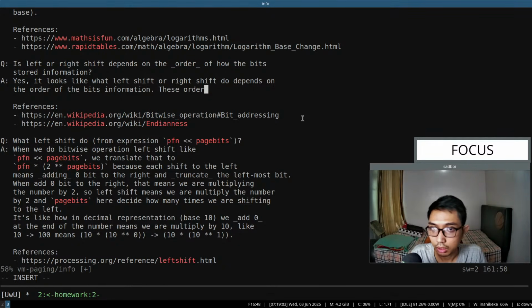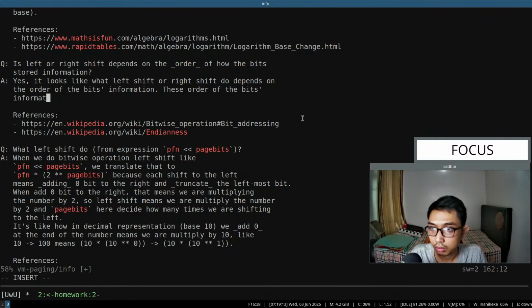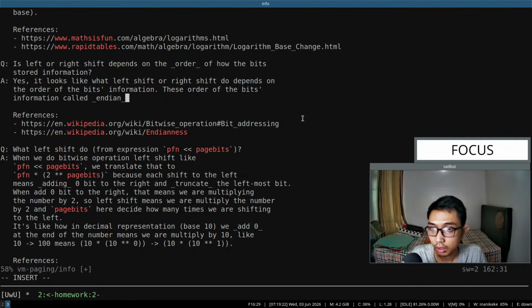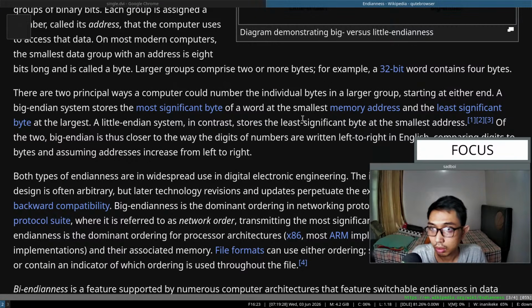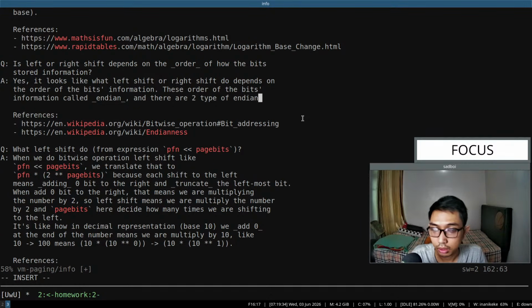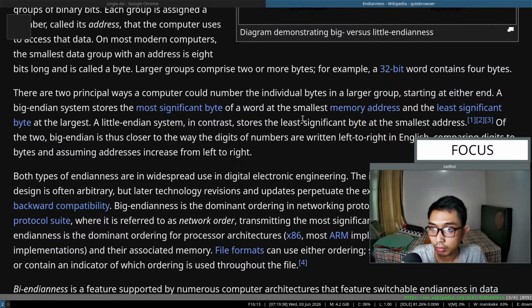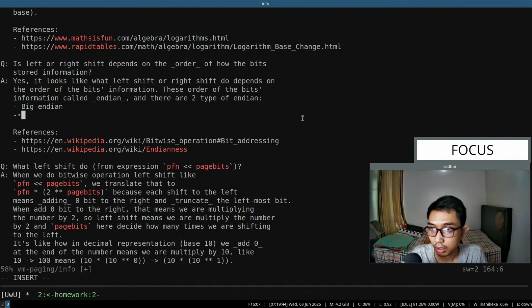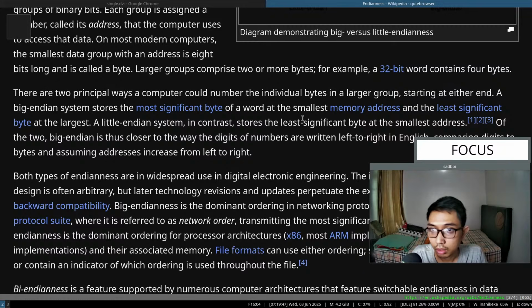This order of the bits information is called endian, and there are two types of endian: big endian and little endian.